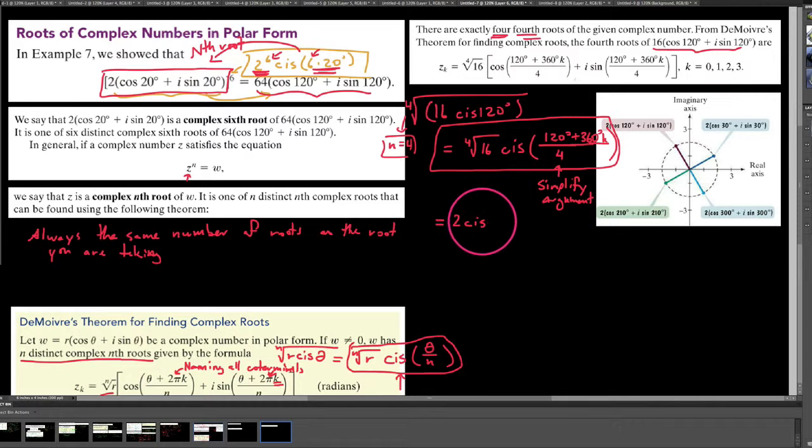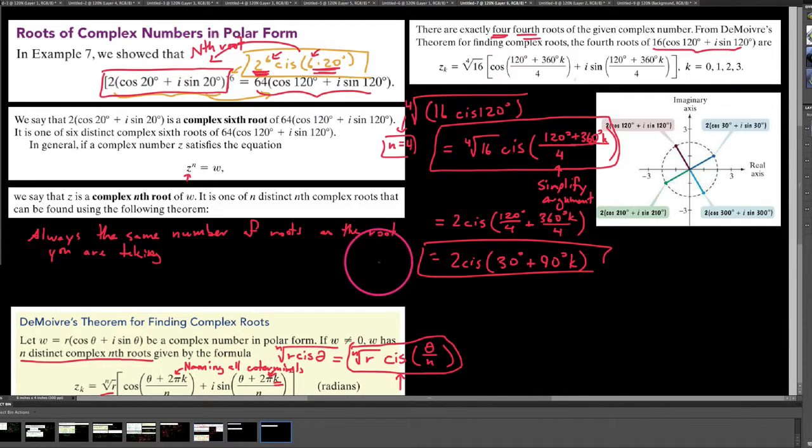And this is really CIS of 120 degrees over 4 plus 360 degrees k over 4. By simplify, here's what I mean. 120 fourths is really 30 degrees, and a fourth of 360 here is 90 degrees k. So put a big box around this, because this will help us find all 4 fourth roots.